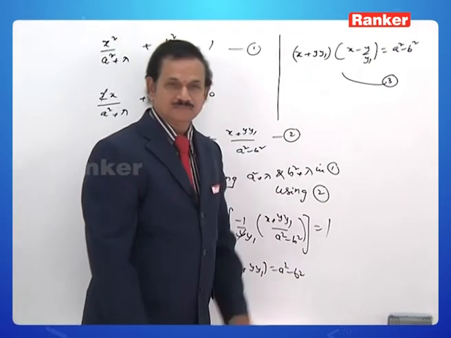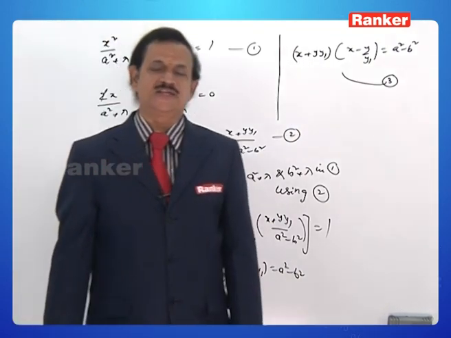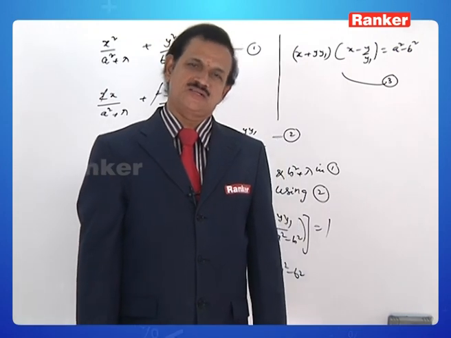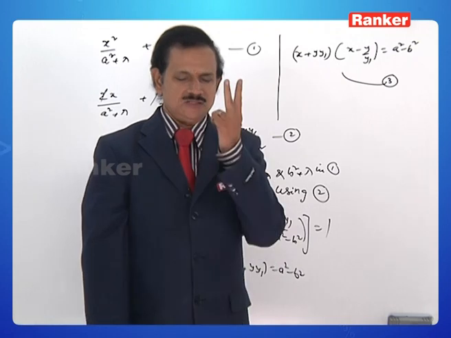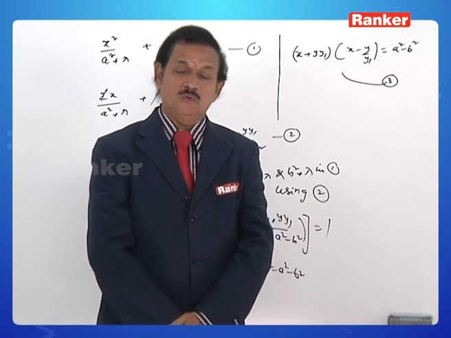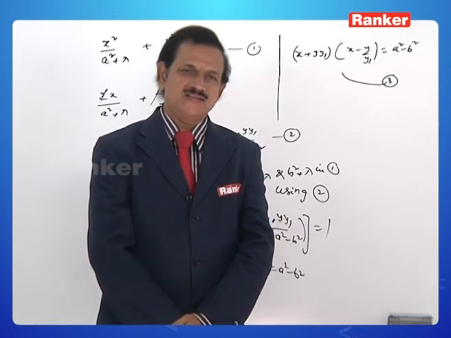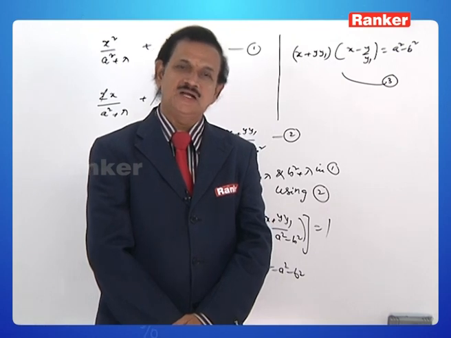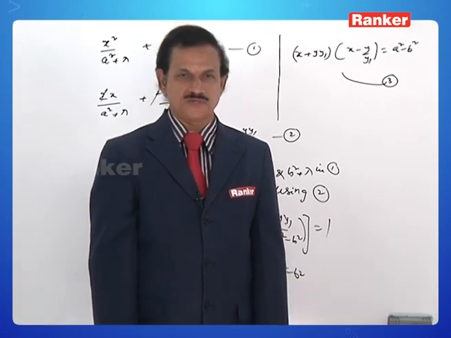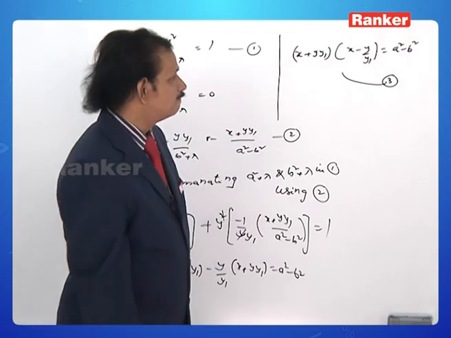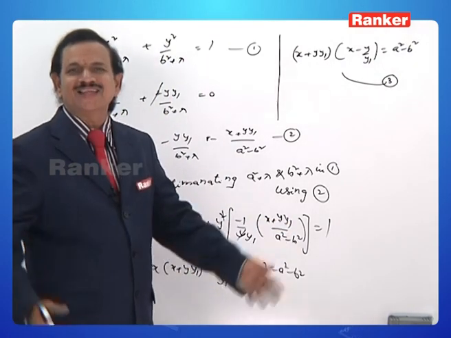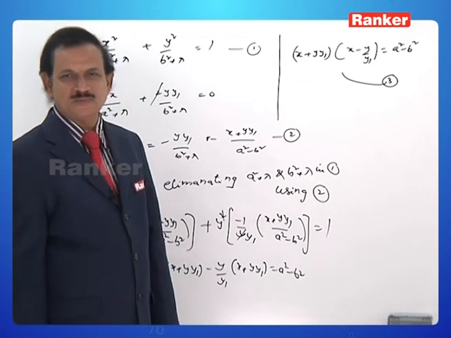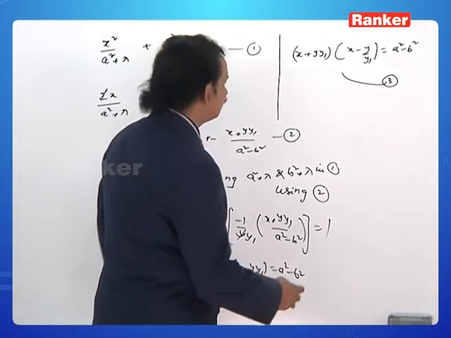What is this step? In the process of getting orthogonal trajectories, how many steps are so far completed? Just 2 steps. What are they? Taking the given system and obtaining its differential equation. You see, this is the right spot at which a miracle is going to be observed. What is that miracle? Let us see.